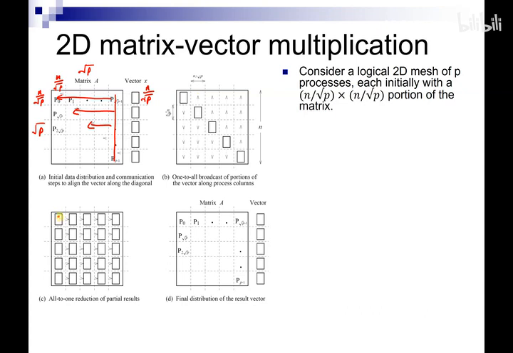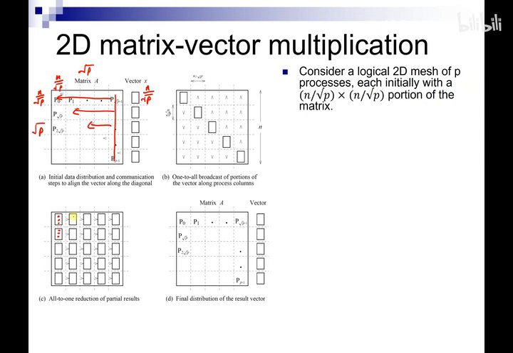That's part of the overall sum for the first row. So the first process ends up with part of the overall value for the first row. He also ends up with part of the value for the second row, for the third row, and so for all of the rows that he has. The same holds for all of the other processors.